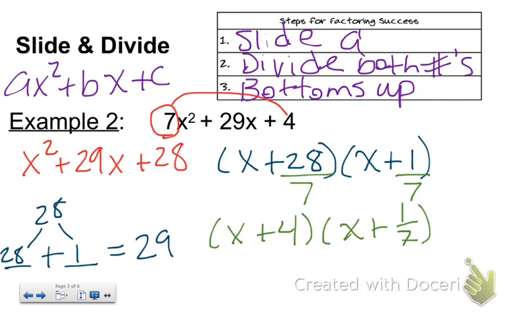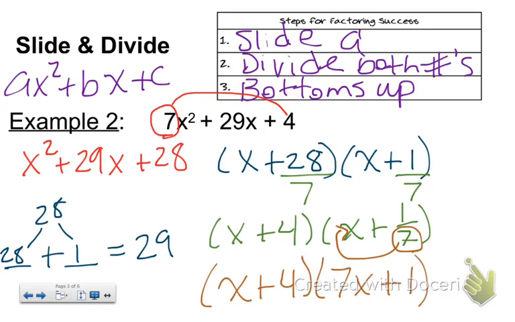But we do not like our binomials to have fractions. So all you're going to do is take the bottom and move it up to the coefficient of the x. That's why we say bottoms up. So your final answer should be x plus 4 times 7x plus 1.